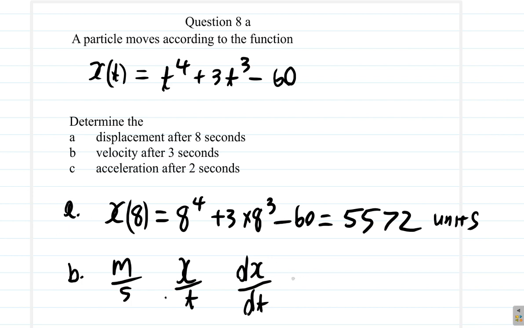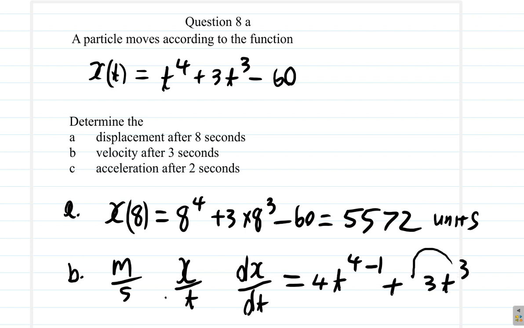So here, dx by dt is equal to, remember this is t to the 4. When you differentiate t to the 4 with respect to t, you're going to have 4 come down. So you multiply by the power, then you subtract 1 from the old power to get a new power. Plus, you have 3t cubed.